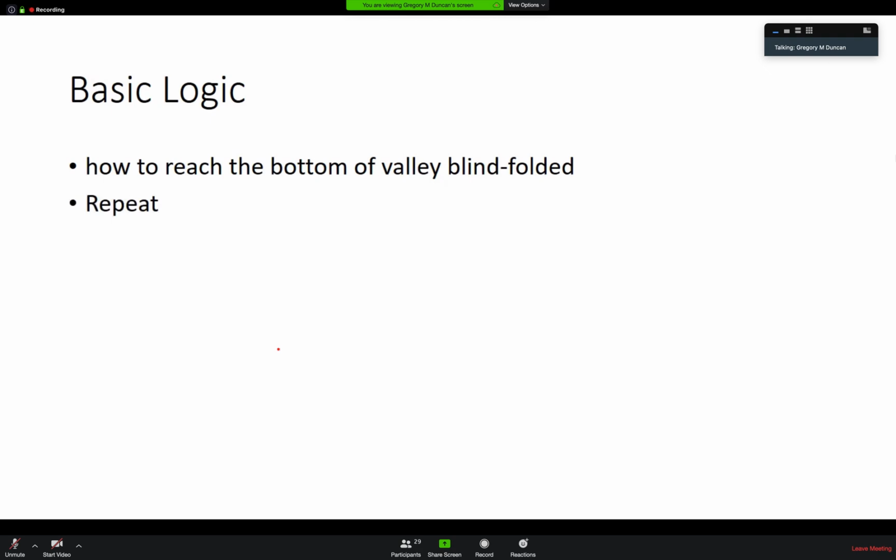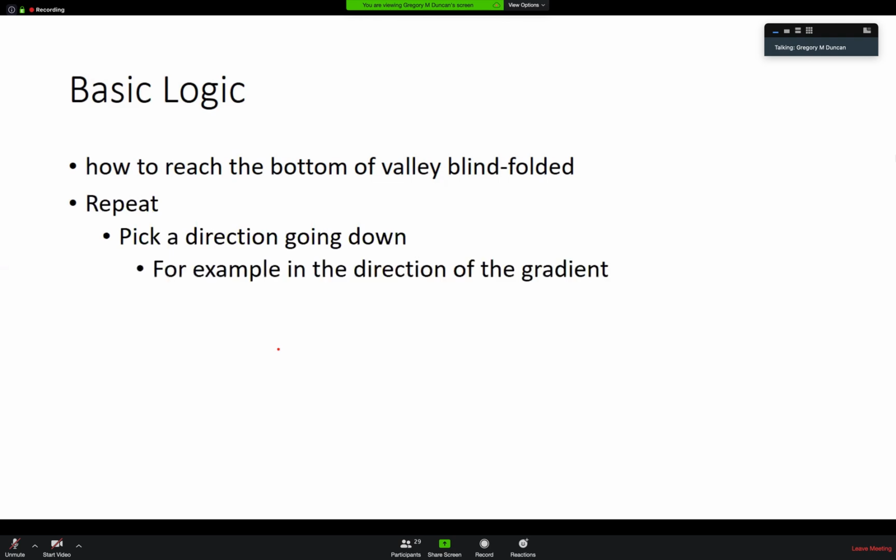So we repeat this. We pick a direction going down, for example, the direction of the gradient. We walk in that direction until you start going up.